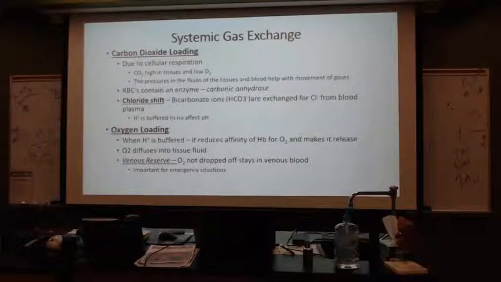Okay? So the cells are always busy. If the cells were not busy, you wouldn't be here. Because the cell is the basic unit. If the cell's not functioning, the organism's not functioning. Okay? So, that production of CO2.